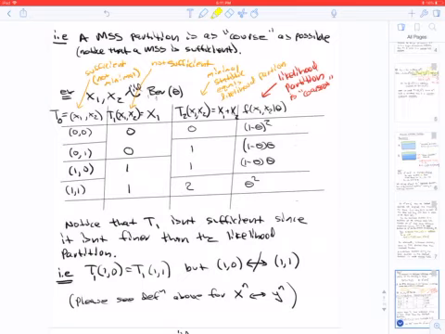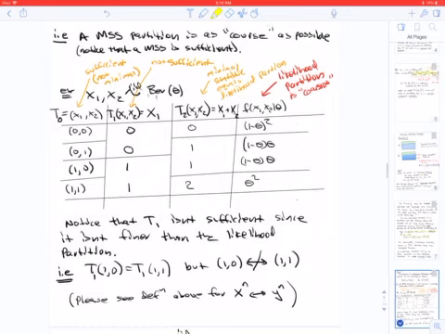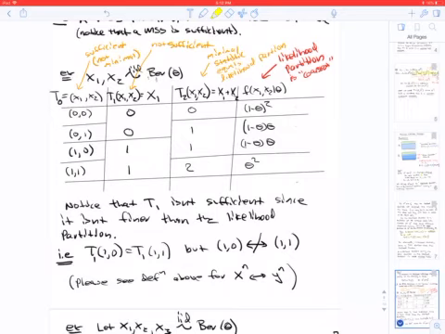Furthermore, T0 is a finer partition than the likelihood partition, so T0 is sufficient. However, T1 is not a finer partition than the likelihood partition. So T1 is a statistic, but it's not a sufficient statistic. You can go to the definition of what a sufficient statistic is to check that if you want to follow the definition.